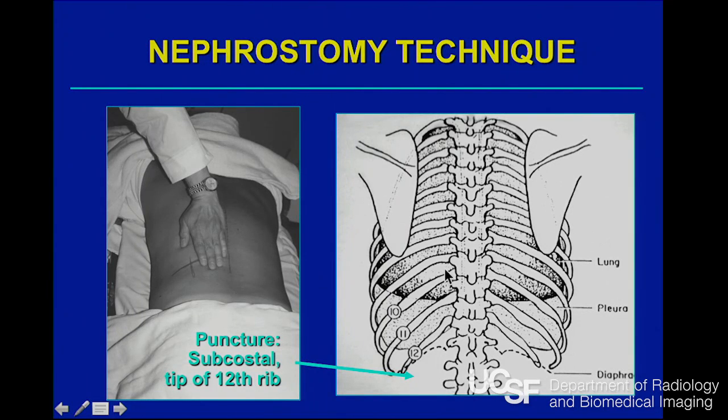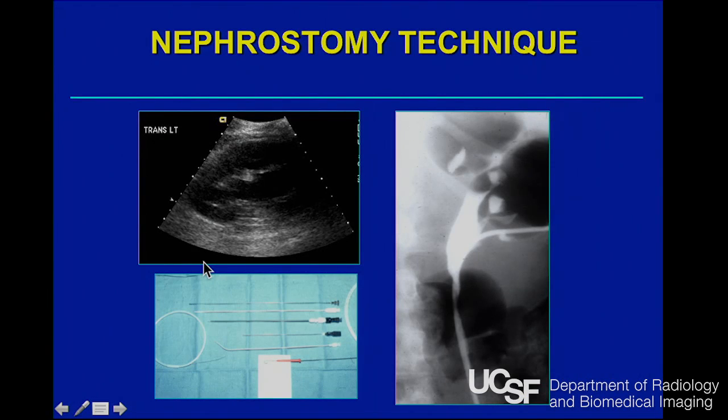You can use landmarks, but we pretty much now just use ultrasound. If you were asked about how to plan for nephrostomy by landmarks, you're going to puncture subcostal to the 12th rib, 4 finger breadths from midline. That's going to be a reasonable place to start puncturing. But with ultrasound, it kind of takes that element of surprise away a little bit.